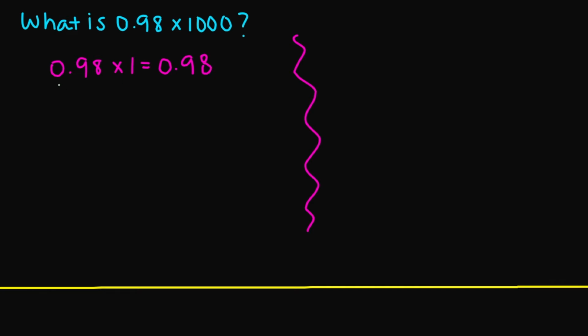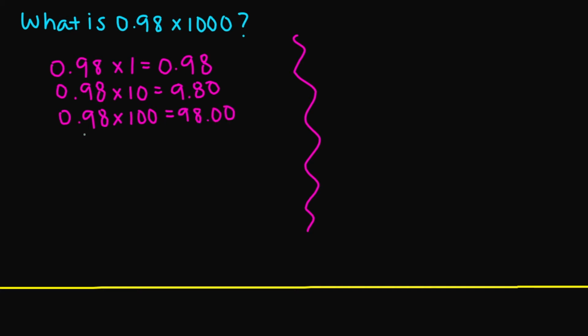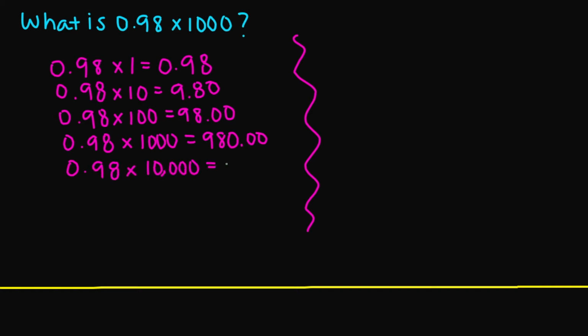If I do 0.98 times 10, that's going to give me 9.80. 0.98 times 100 is going to give me 98. 0.98 times 1,000 is going to give me 980. 0.98 times 10,000 is going to give me 9,800. And 0.98 times 100,000 is going to give me 98,000.